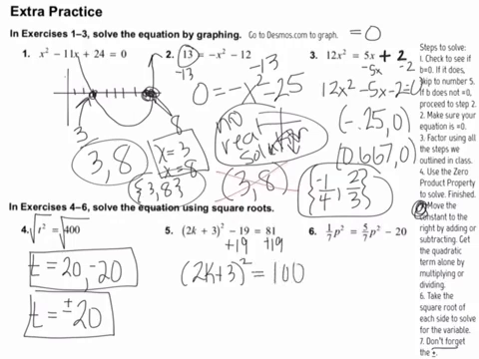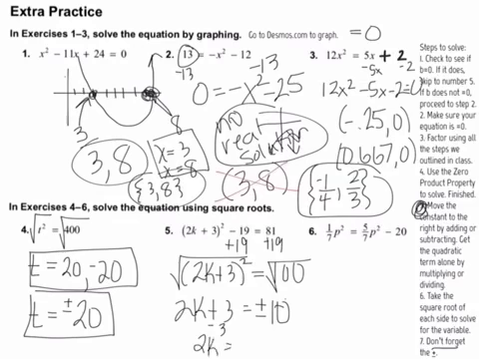I'm going to take the square root of both sides. Remember, when you take the square root, you get a positive and a negative. And then over here, take the square root of each side to solve for the variable. So we're going to solve for the variable. I'm going to subtract 3. 2k is going to equal, when you subtract 3 and you have that plus or minus, put that minus 3 in front of the plus or minus.